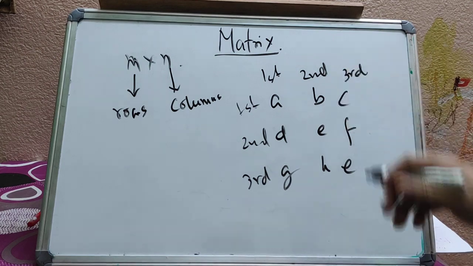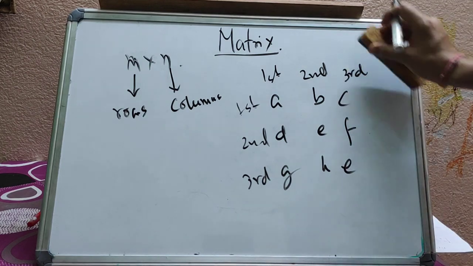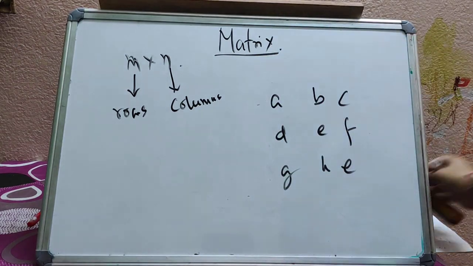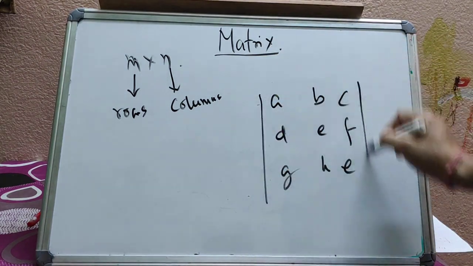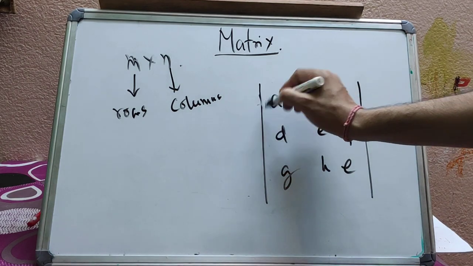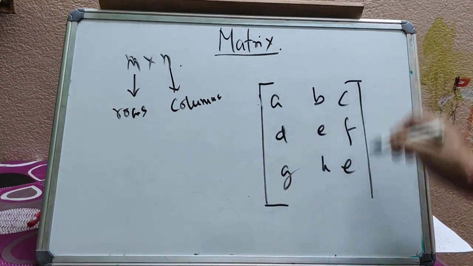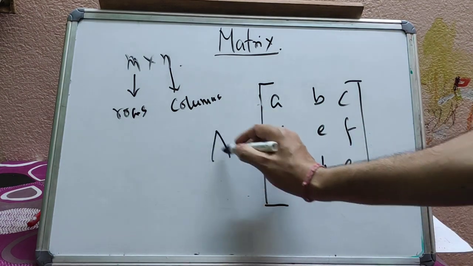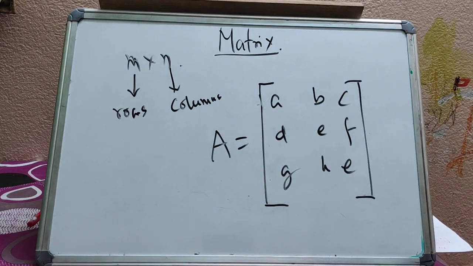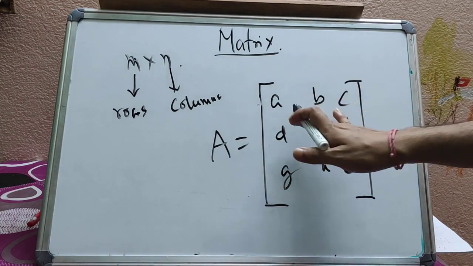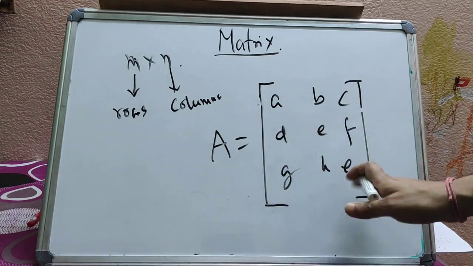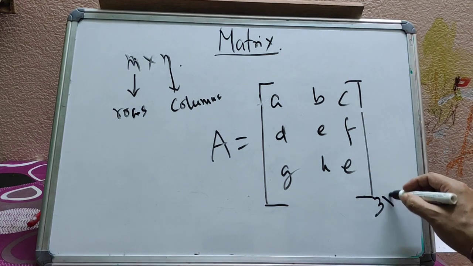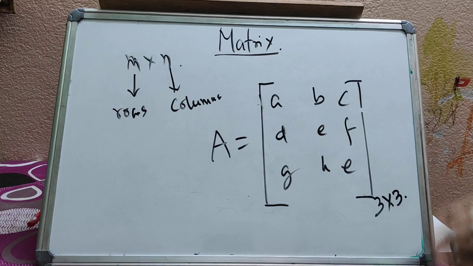In our mathematics we will write it like this. Now this is called a matrix. Suppose a matrix has 3 rows, 1, 2, 3, and 3 columns, 1, 2, 3. So the number of rows is 3 and the number of columns is also 3.